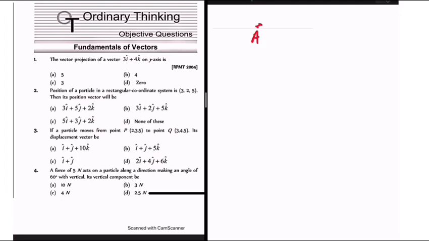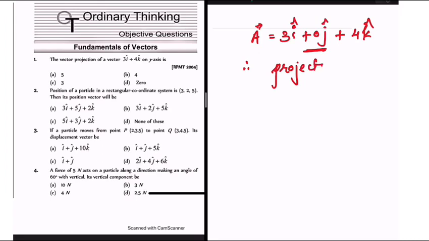Say this is A, your vector, 3i cap, 0j cap, and 4k cap. Therefore, projection on y-axis. Obviously, that is 0. Projection on y-axis, that is 0.